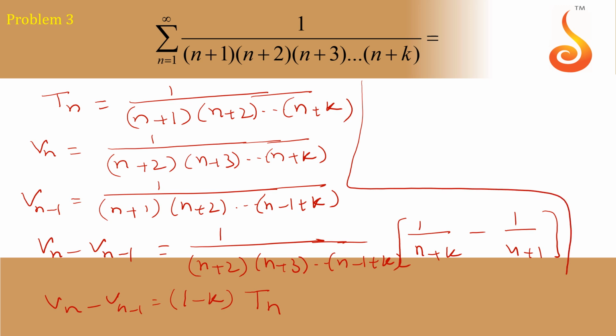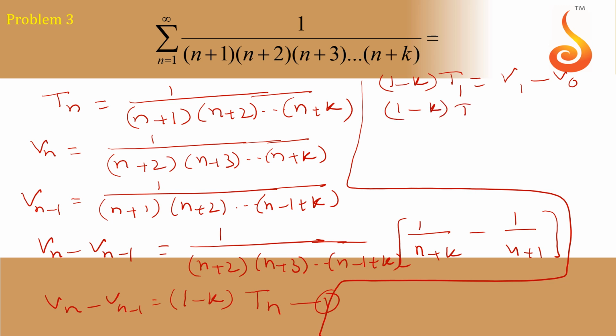Then what is the next step you have to do? Very simple. For this equation 1, put n equal to 1, 2, and so on up to n. So you will have (1 minus k) into T1 equal to V1 minus V0, (1 minus k) into T2 equal to V2 minus V1, and so on, (1 minus k) into Tn equal to Vn minus Vn minus 1.